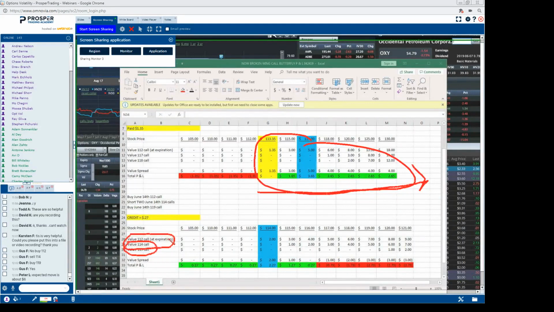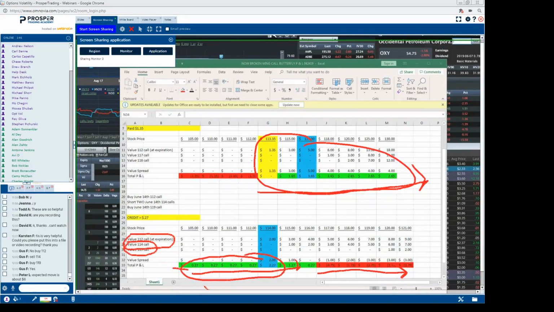So you can see here, even though it's mildly bullish, right? If the stock goes down at all, great. We don't care. We keep our credit. It is mildly bullish, but then on a bigger outsized move to the upside is when that starts to kick in.